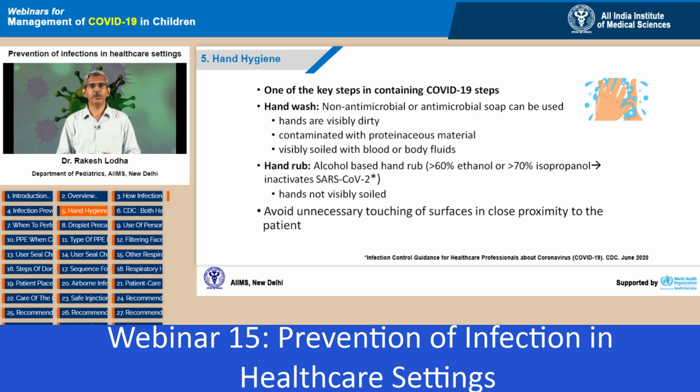As per the CDC recommendation, hand rubs containing at least 60% of ethanol or 70% of isopropanol inactivates the SARS-CoV-2 virus and should be used. Hand rub is the preferred mode of hand hygiene and should be performed if the hands are not visibly soiled. One should avoid unnecessary touching of surfaces in close proximity of the patient.